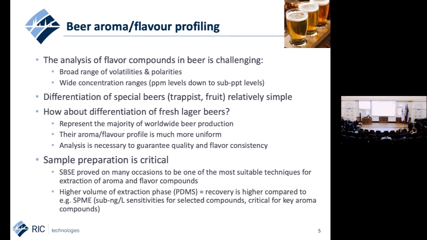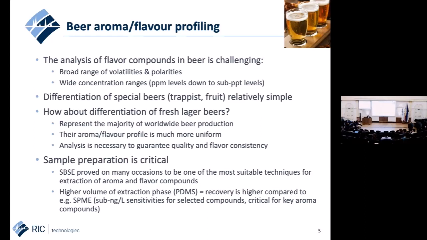Let's not forget we have compounds which are present at ppm levels, which don't really have an important sensory importance, so they are not sensory important, but we have compounds which are present at ppt levels, and these are those compounds which often have a very big impact on the quality or on the overall aroma of the products.